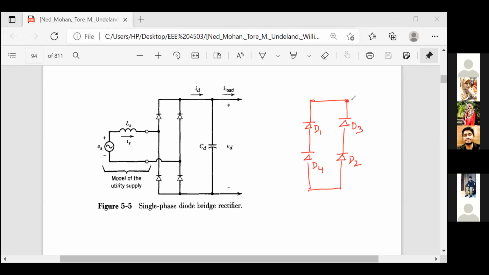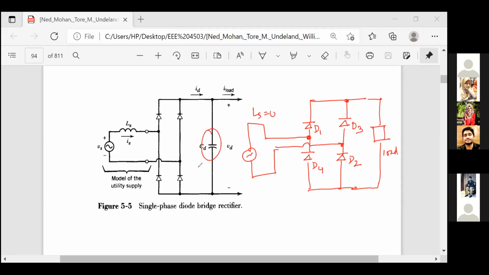And this is your output load side. So from here you can of course draw a load. And how do you connect your supply? This is one leg, and this is another leg, and then you have the supply like this. And also you can use the filter capacitors to filter out. So this is the bridge rectifier.